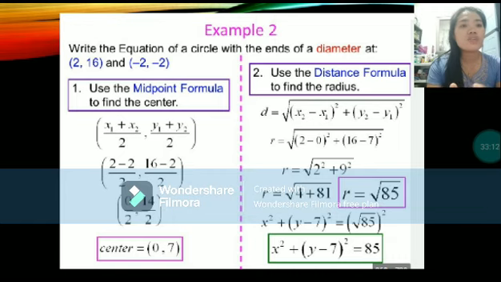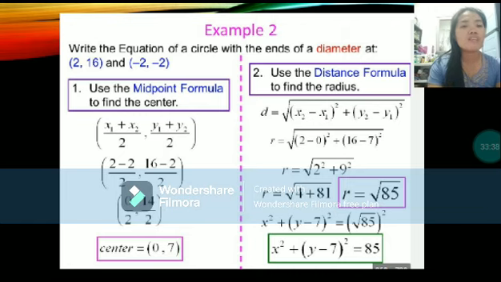We can solve the distance formula and divide by 2, or just simply use the center that we solved, (0, 7). Although I encourage you to manipulate what is given to be safe, in this example we will just use the center, considering that we are very sure and accurate of our answer.